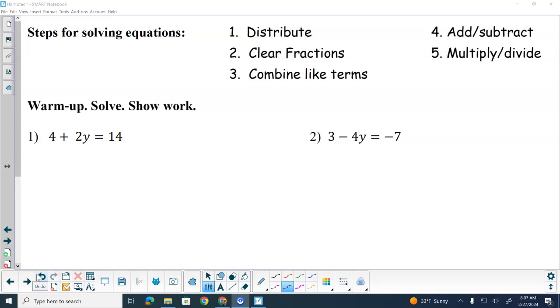We want to get variables on one side and numbers on the other. So you're going to subtract 4, and then you're going to subtract 4. That means that this part's going to go away, correct? Okay. And when we get what's left over, what's the next line? Yep, drop the 2y down, and that's going to equal 10.